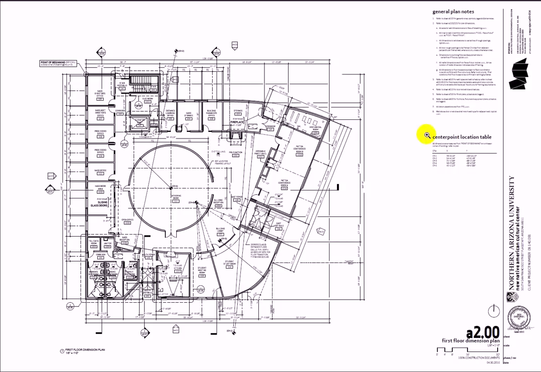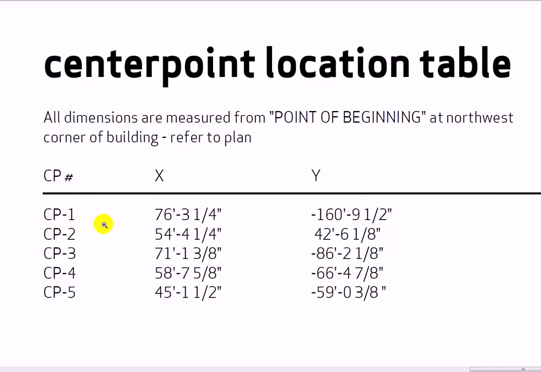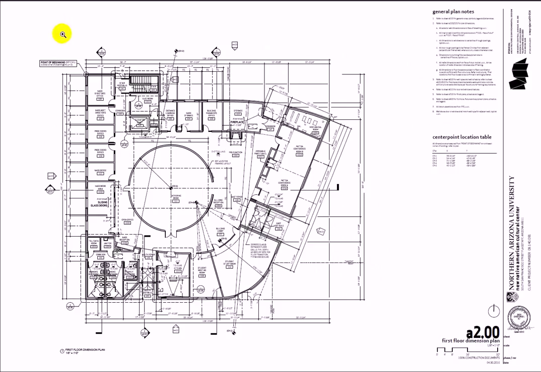And so if we go over here, center point number 2, you can see that there's some dimensions given, and these dimensions are measured from that point of beginning. So to start the whole building, the contractor is going to have to figure out where this point is from the civil drawings, and then everything is referenced off that. So now we know where everything is in this building.